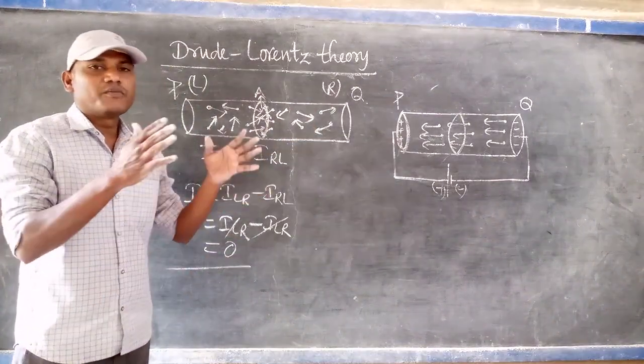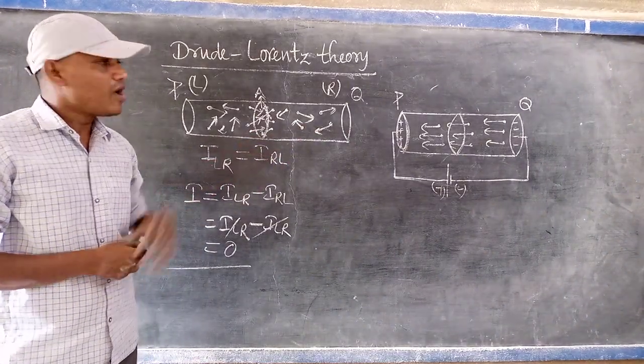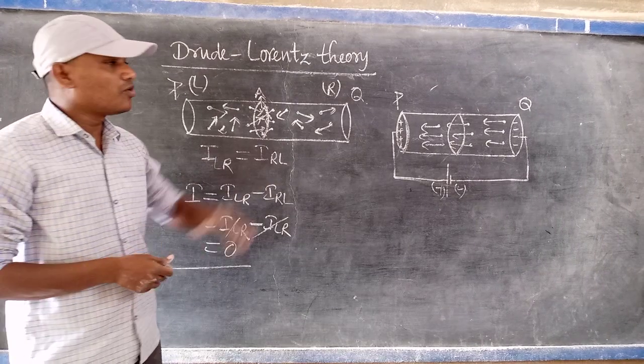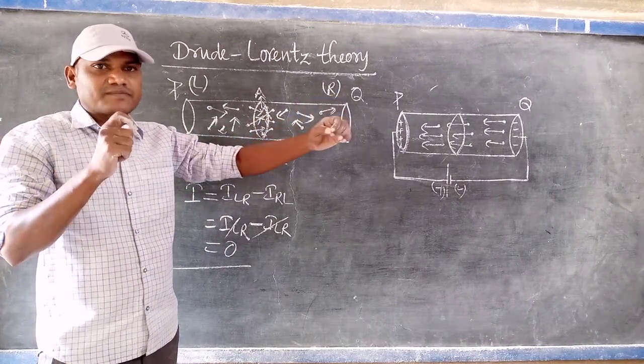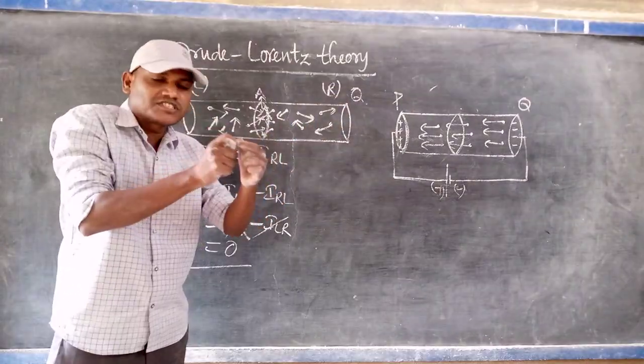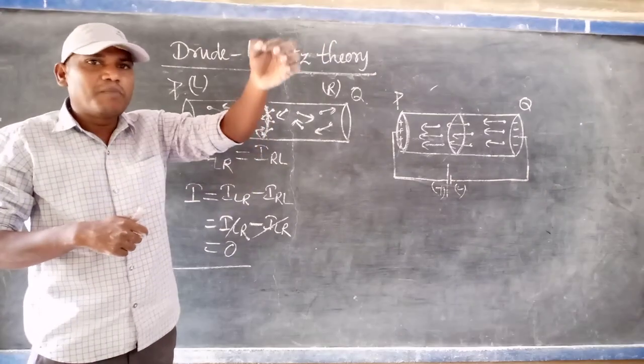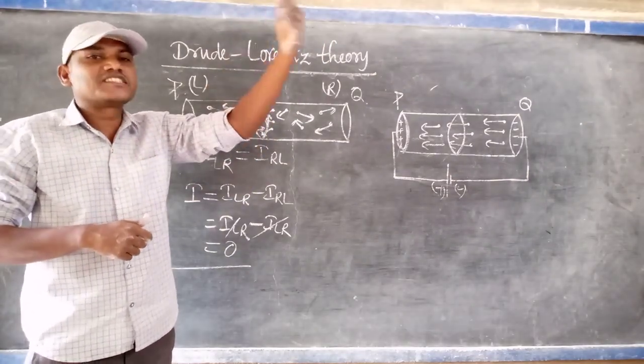So this is the brief idea about the Lorentz-Drude theory. With the help of that, I hope every student will understand. Why, for the empty conductor, meaning the free ends not connected to any external source like a battery or AC current, does a bulb or anything you keep not glow?